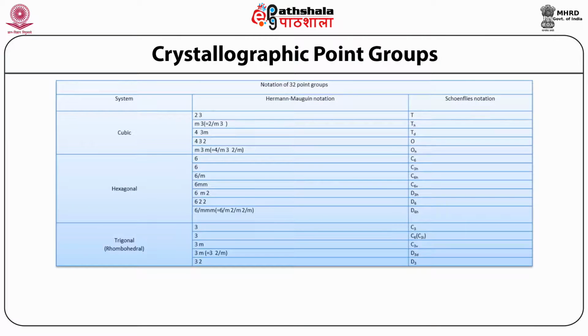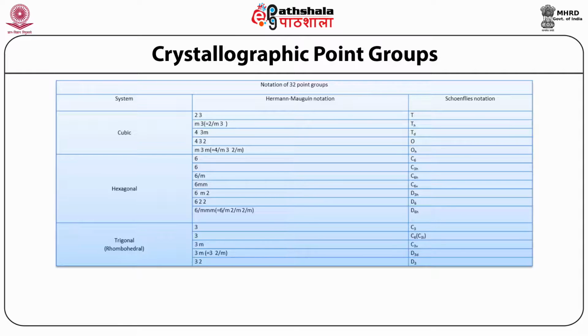Cubic system, its point groups in HM notation are 23. Corresponding Schoenflies notation is capital T. m3 is the next point group, which is equivalent to 2 by m, 3 bar under HM notation. Corresponding to this, in Schoenflies notation, it is T subscript H. The third one is 4 bar 3m in HM notation.